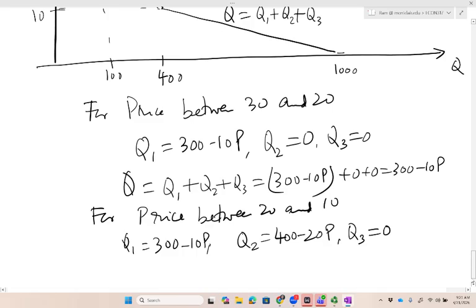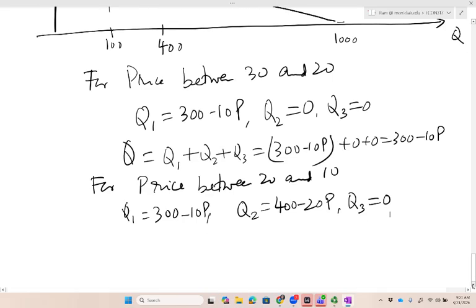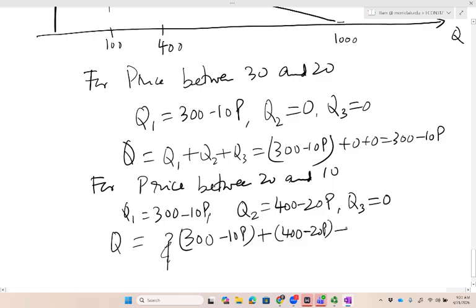So now I will add up. Q is the sum of these, 300 minus 10p plus 400 minus 20p plus 0 gives us 700 minus 30p.